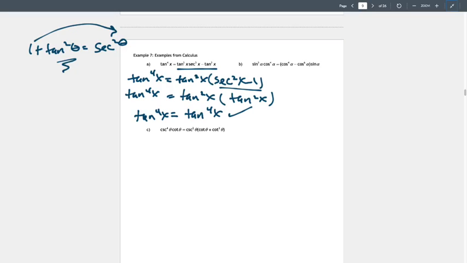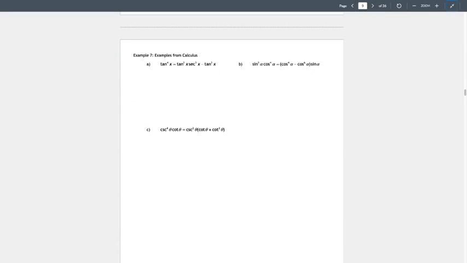All right, over here, same difference. I'm going to work on the right-hand side. Let me clear all this off. On the right-hand side, I'm going to factor out cosine to the fourth out of both of those. So cosine to the fourth alpha, and then you're left with 1 minus cosine squared alpha times sine alpha.